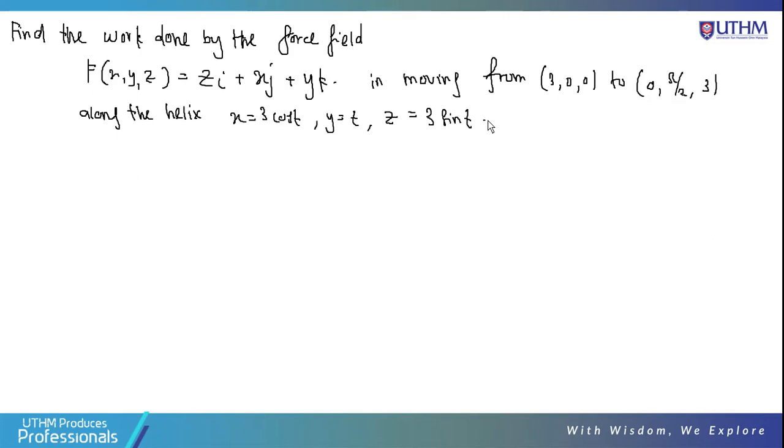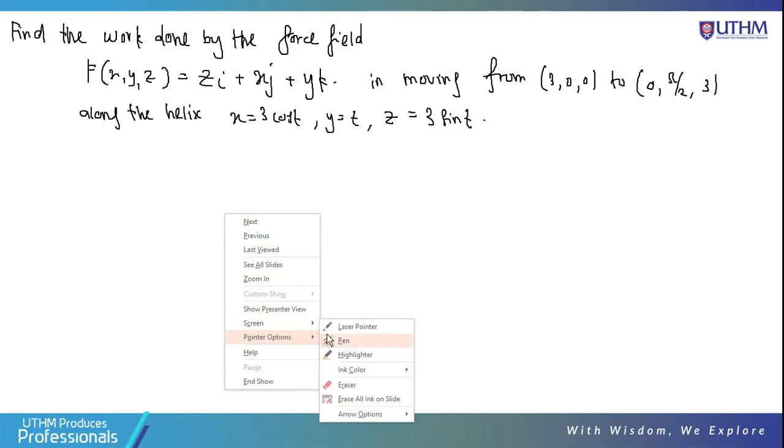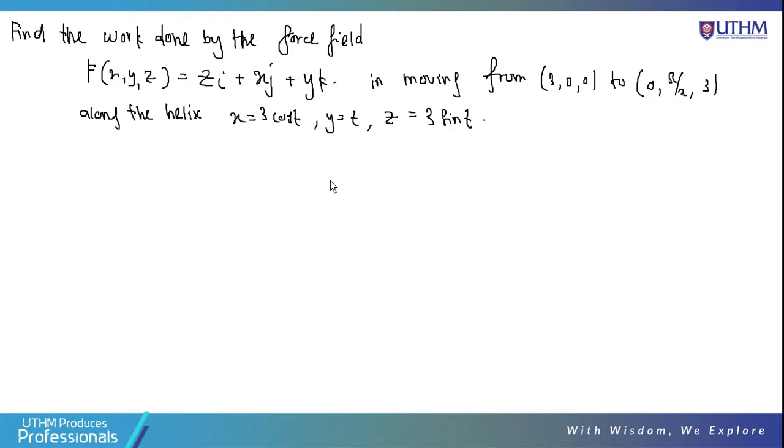So you need to read this question and understand that it requires the line integral. If you look here, this is the work done. So work done is the line integral, f dot dr. So you need to solve using the line integral. So f is given, settled, and then along the helix, x equals 3 cos t, y equals t, z equals 3 sin t.